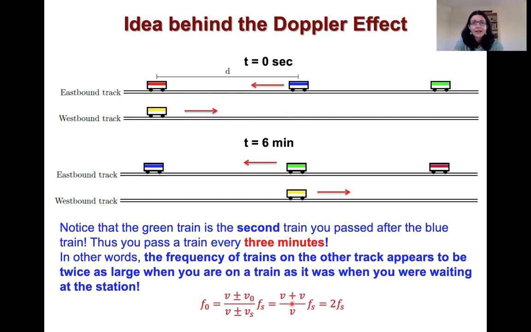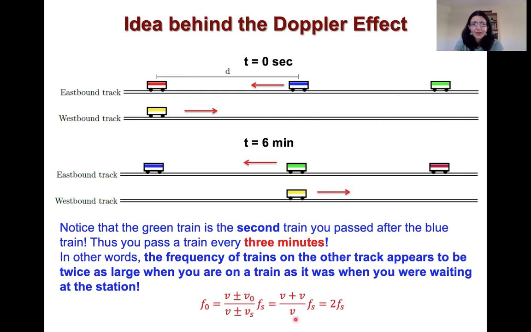It's a plus sign because you're moving towards the source, or in other words, in the opposite direction in which the source is moving. The source itself is not moving. If it was moving, then these trains would be getting closer and closer together. So imagine there's just some source which is saying, okay, train, come out in the next 6 minutes at the same location where the next train leaves.